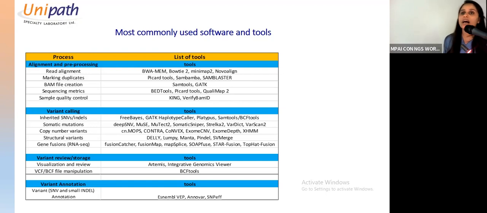Then there is marking duplicates. We know that when we do the wet lab procedure, we also get PCR duplicates. When PCR duplicates are very high in number, for example, if 213 reads were representing a variant, and 50% of that 213 is PCR duplicates, what do you feel?